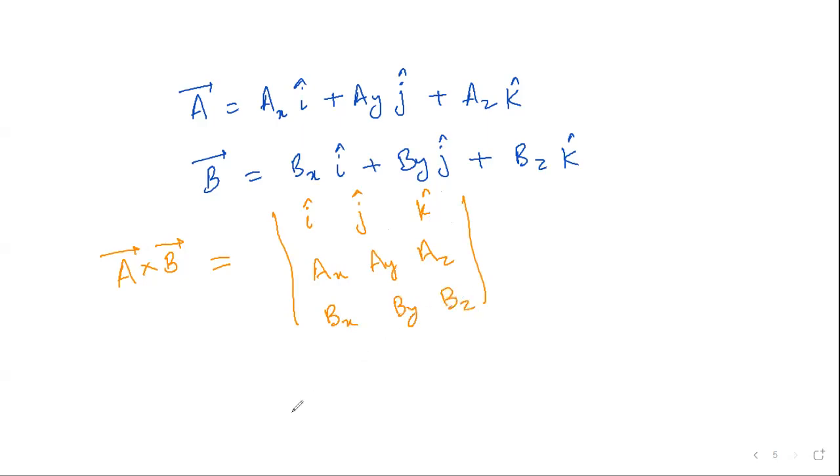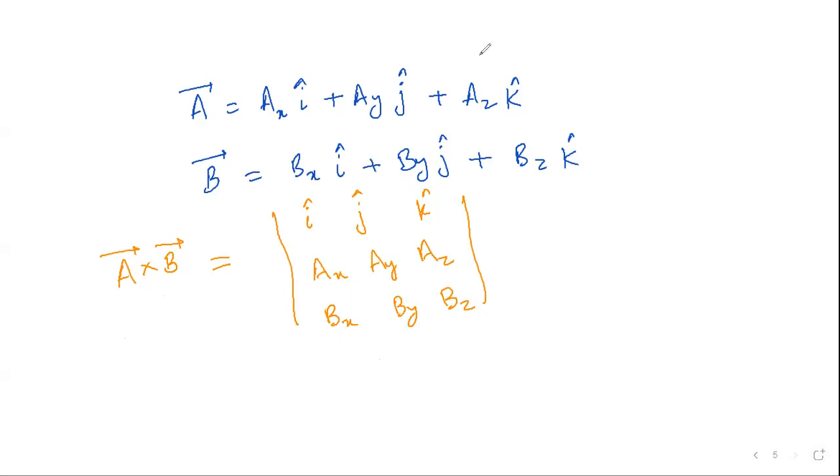When you expand this determinant, you know how to expand determinants, that will give you the unit vector notation of this A cross B vector. So you have two ways to find the A cross B vector: one is directly from components, second is which we discussed before this.